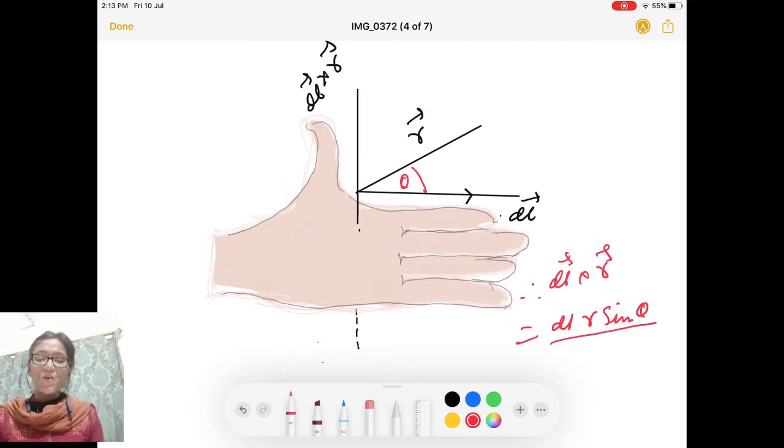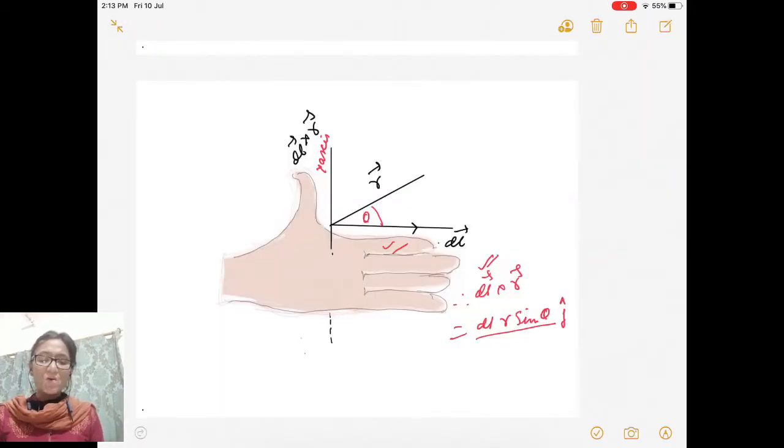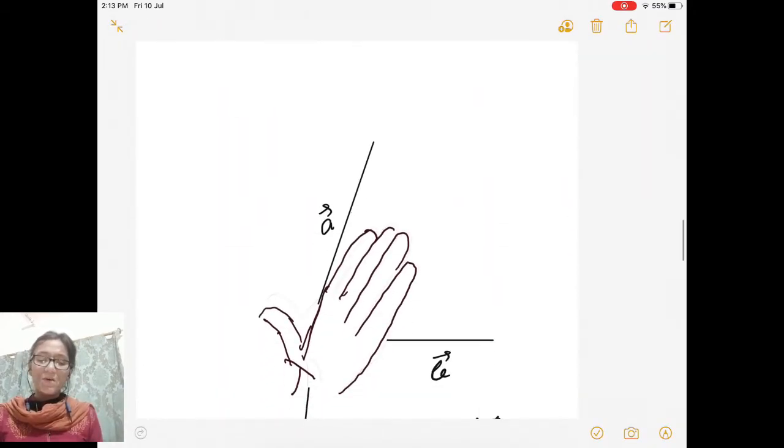As before, you keep your fingers straight along the first vector, then rotate the fingers of your right hand along the second vector, and you will find that the thumb is pointing along the positive y-axis. The unit vector along the y-axis is j cap. So this is how you use the right hand thumb rule in the two cases.